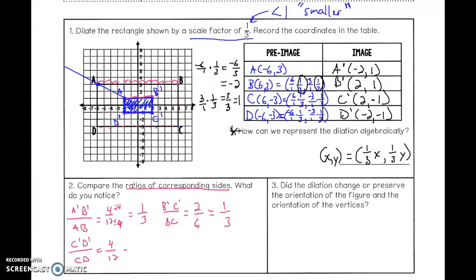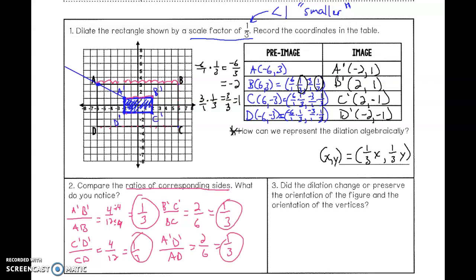But 4/12 again is going to equal 1/3. And guess what? When we go from D prime to A prime, that's going to be 2 over 6, and that's 1/3. So notice those ratios of corresponding sides equal our scale factor.